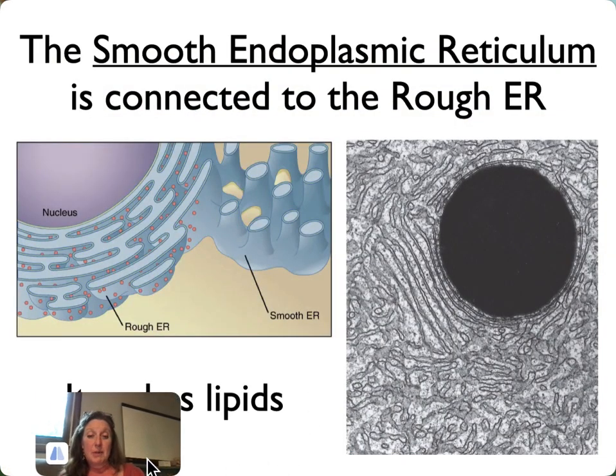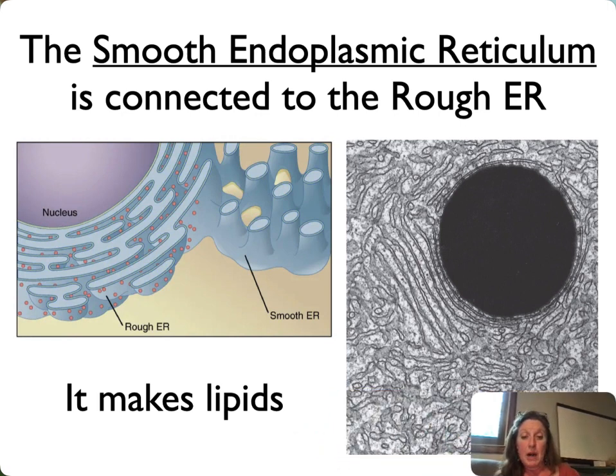Now, the endoplasmic reticulum actually has two parts. The rough endoplasmic reticulum is the one that's right next to the nucleus and has that polka dotted appearance. But coming off of that also is what we call the smooth endoplasmic reticulum. No ribosomes here. And it's also connected to the rough ER. If we look in this micrograph, here's the rough ER that has more the flattened sacs appearance, and the smooth ER that looks more like, I don't even know, fingers, tubules, something like that.